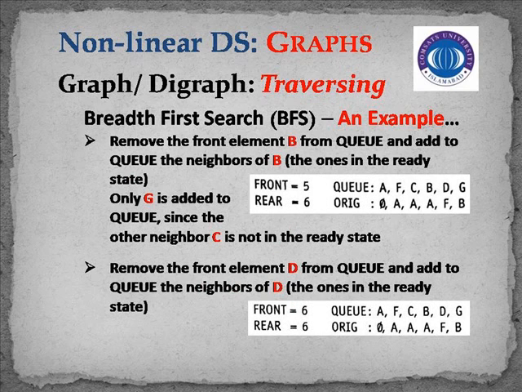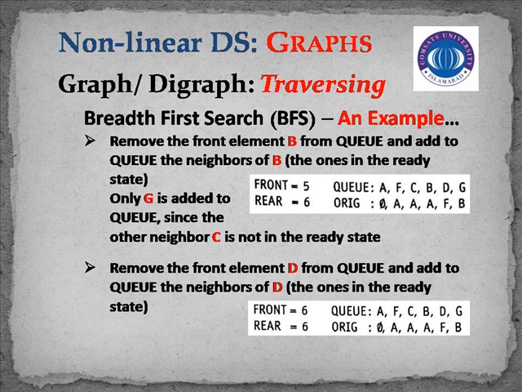Dear viewers, as depicted by the diagrams again, remove the front element B from the queue and add to the queue the neighbors of B, the ones that are in the ready state.